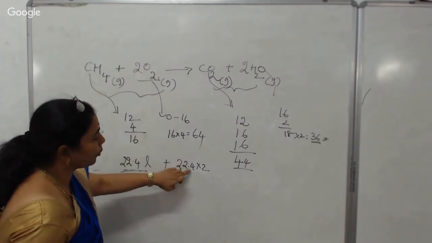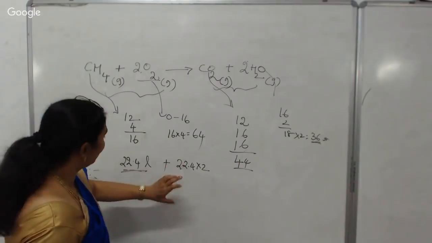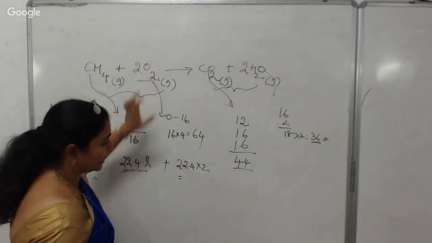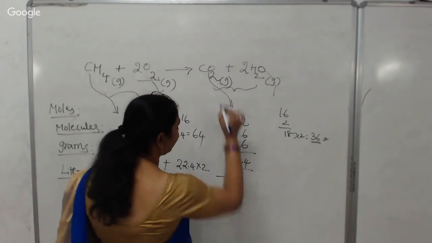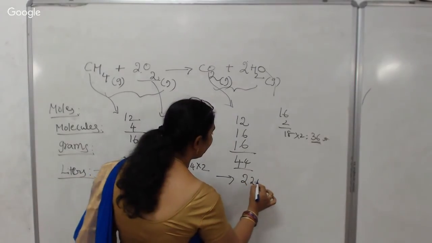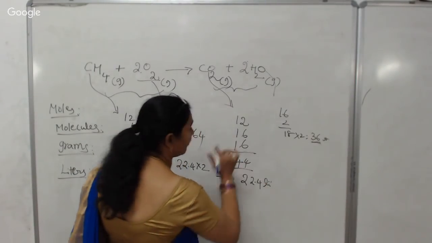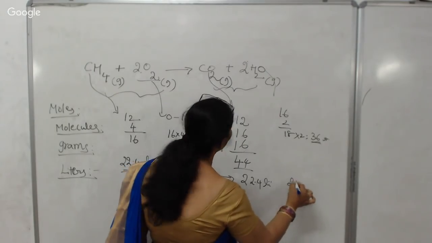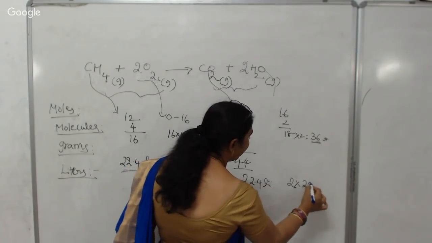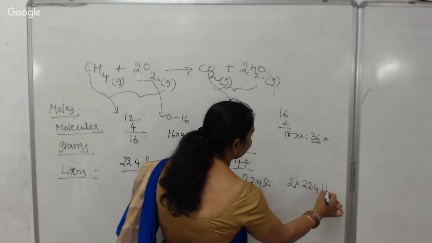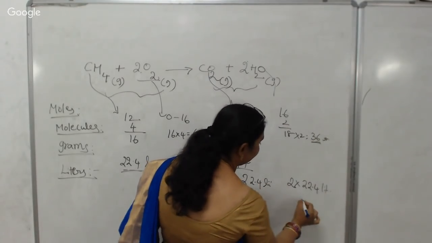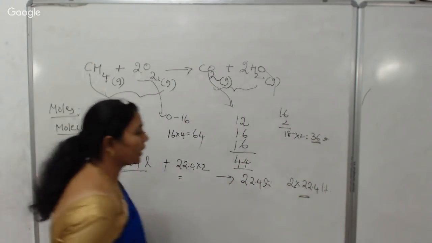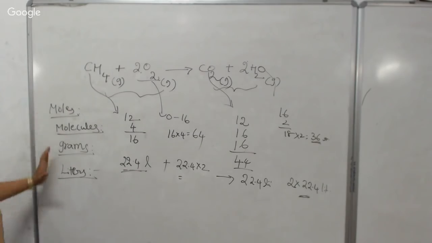So 22.4 into 2 liters of oxygen, and it is forming 22.4 liters of carbon dioxide and 2 into 22.4 liters of water.